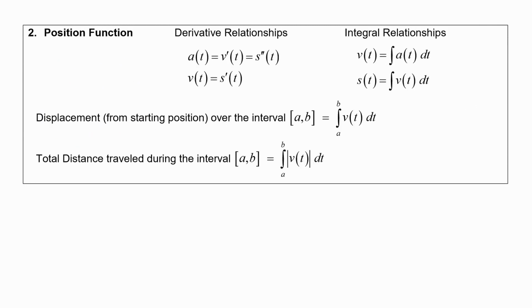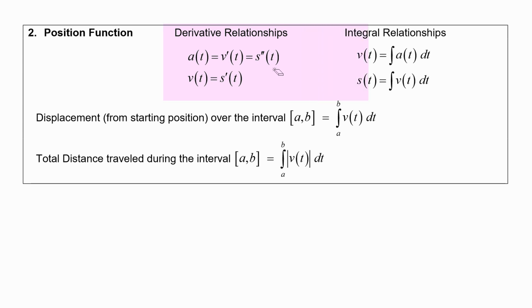Next up, we will work with position function. And let's remind ourselves of the derivative relationships that we know. Acceleration is the derivative of velocity, and because velocity is the derivative of position, then that means acceleration will be the second derivative of position.